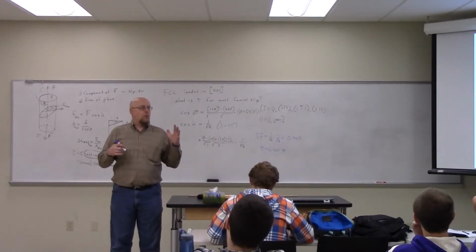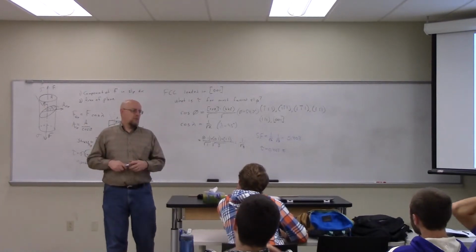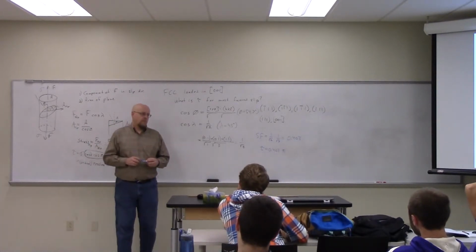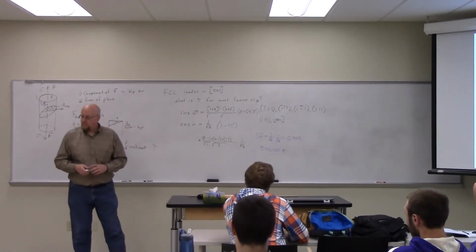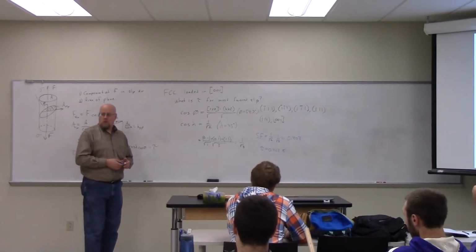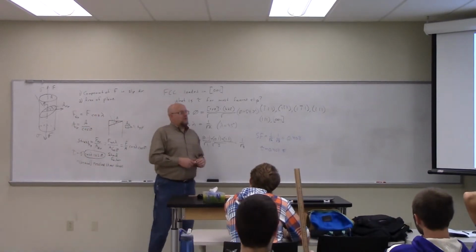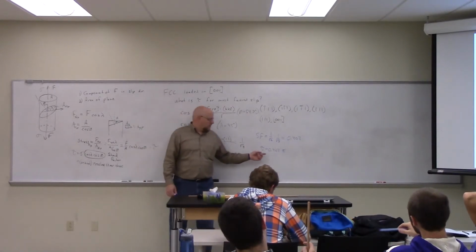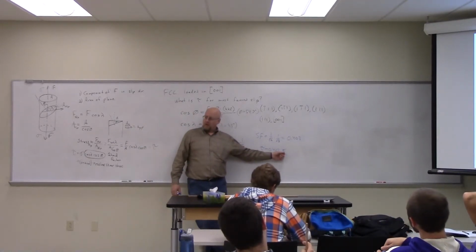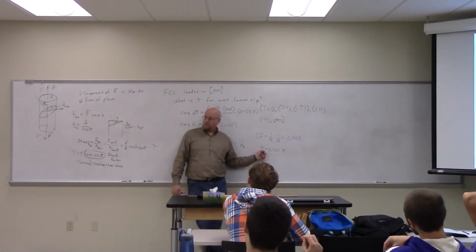I now know what my tau is, so I can figure out my G and my gamma. Basically, if I pull with 40 megapascals, I now have a little over 16 megapascals in the plane.